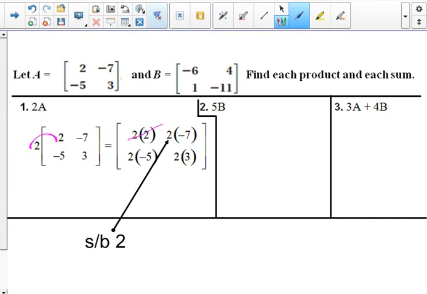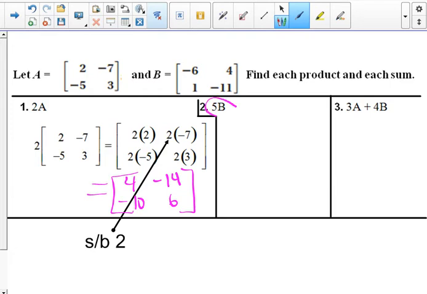So 2 times 2, 2 times -7, 2 times -5, and 2 times 3. And then what is that final answer going to be? So 4, -14, -10, and 6. All right? Easy peasy, right?